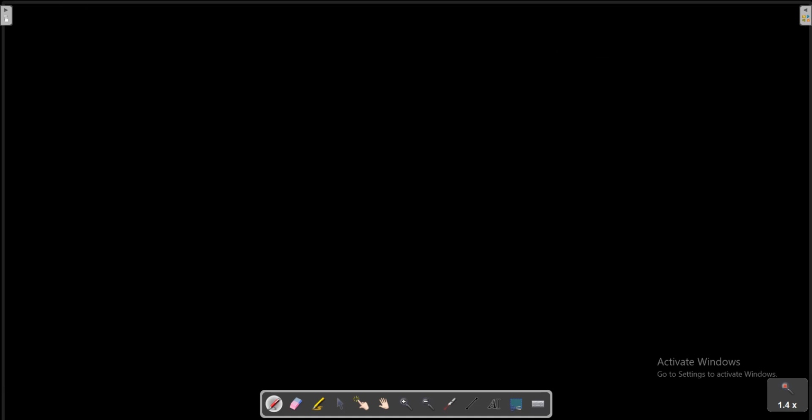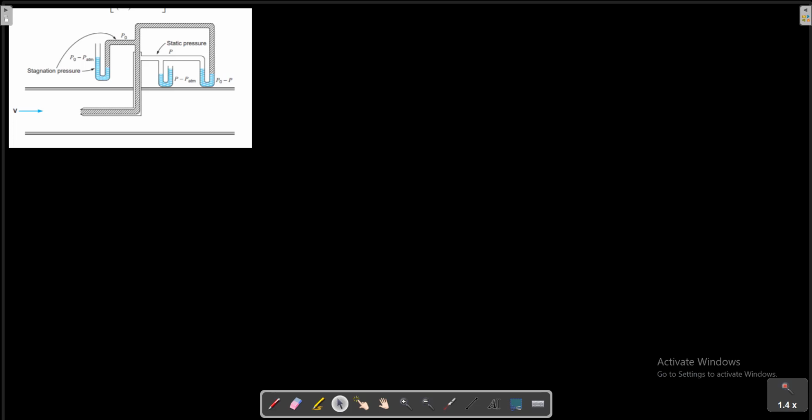This picture shows the pitot tube instrument. It is of interest.